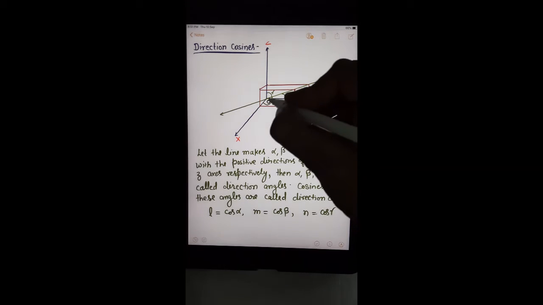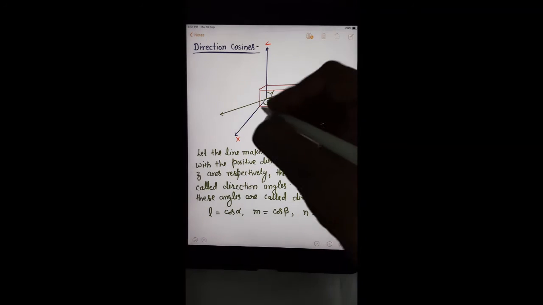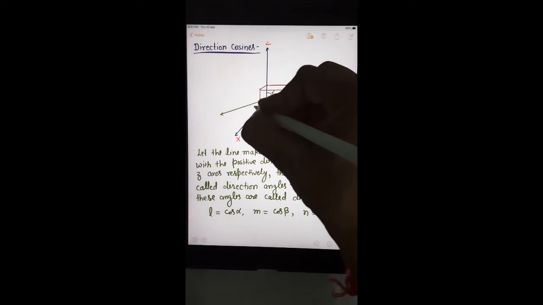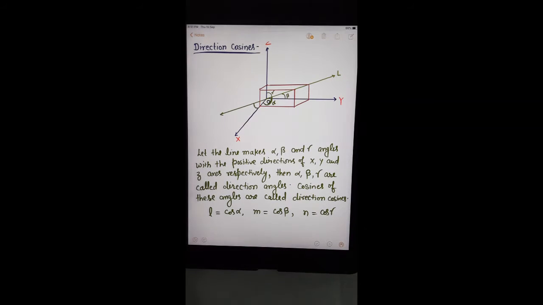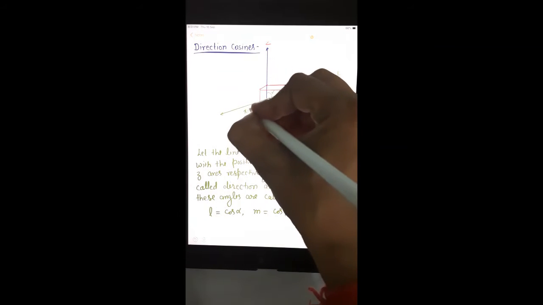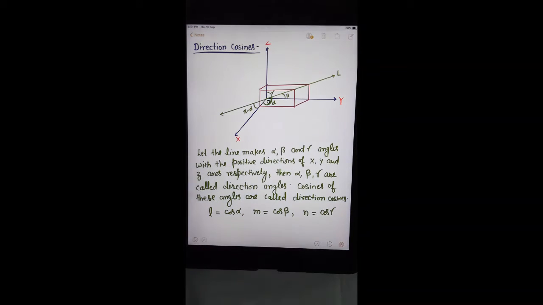If we take alpha angle from this side for this line from x-axis, then from x-axis on this side the angle will be pi minus alpha. This angle will be pi minus alpha if this is alpha.